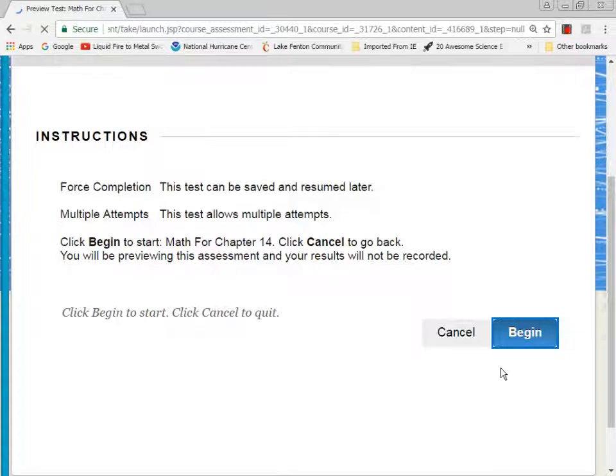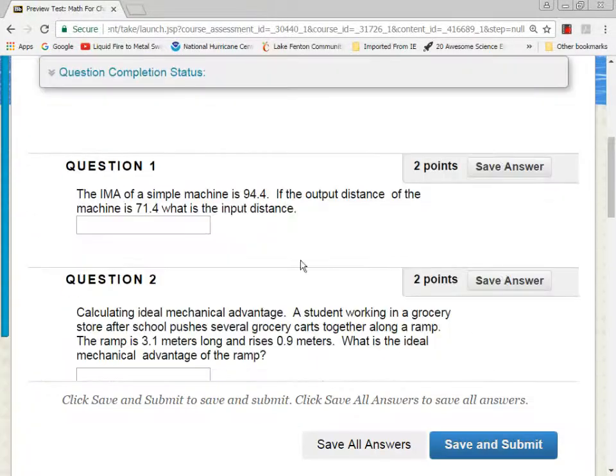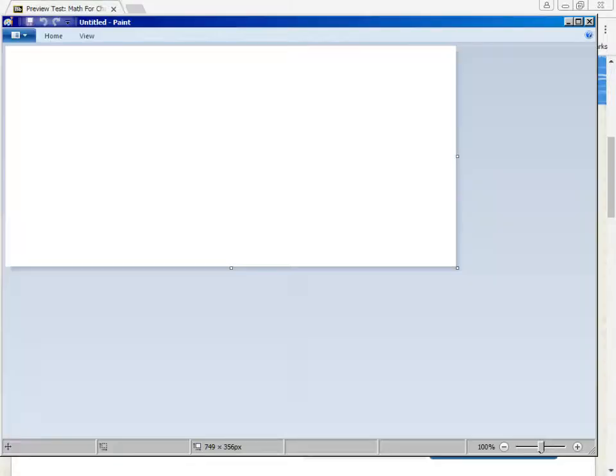What I did do is I had to redo question 2. The first one, if you remember, IMA equals input distance over output distance.